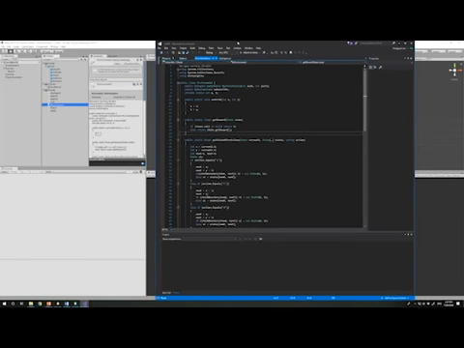This is the environment script, and what I have here is a delegate function to make a new prefab in Unity, because I don't inherit from MonoBehaviour, so I cannot create a new object in the game scene.